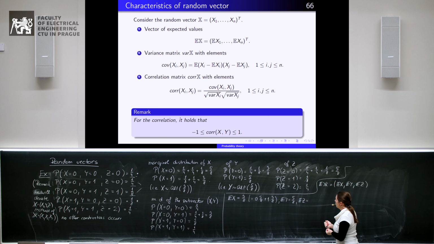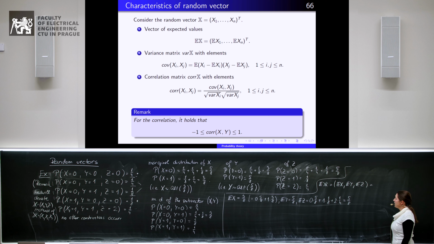is equal to 0 times 5/8 plus 1 times 1/8 plus 2 times 1/4, which is 5/8.